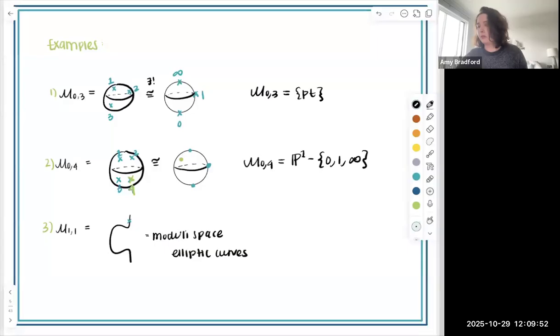But one thing that you learn if you study elliptic curves is that they're parameterized by one number, which is its j-invariant. And so the moduli space ends up being just a nice line that's parameterized by whatever this thing called the j-invariant is of this curve. And so this is as far as I can draw as examples go. If you keep going up in genus and the number of marked points, the description gets more complicated. But hopefully this is enough to get us on board with this definition.